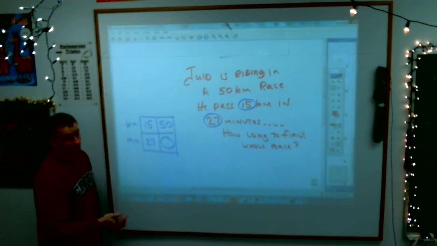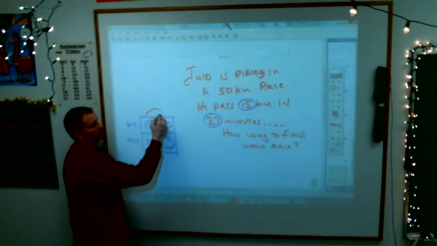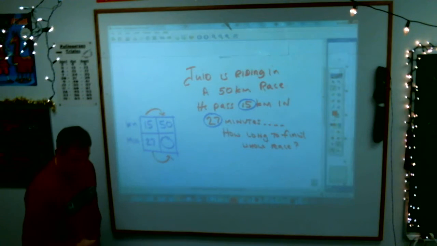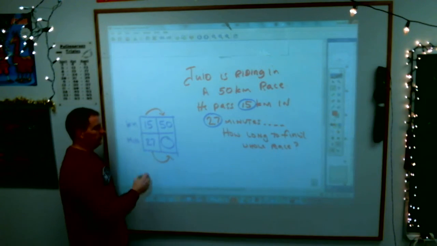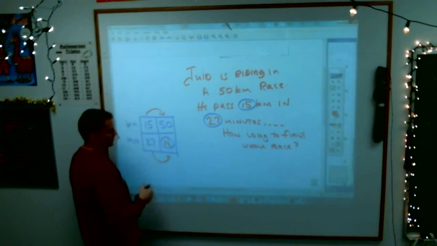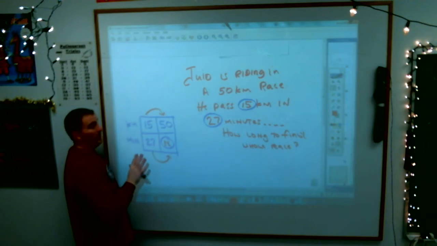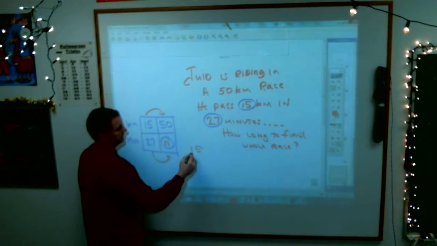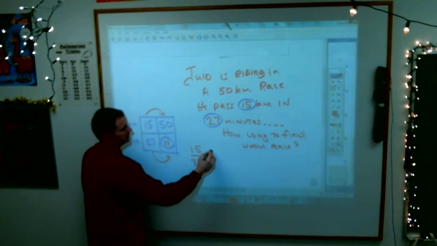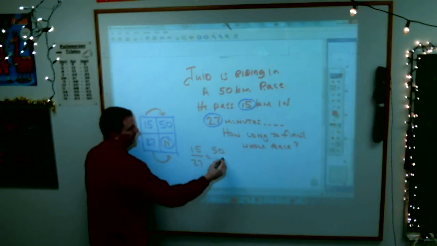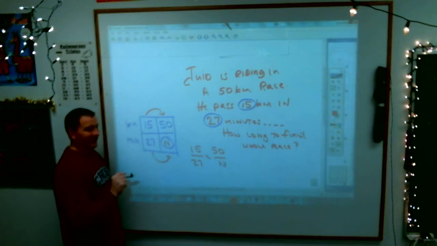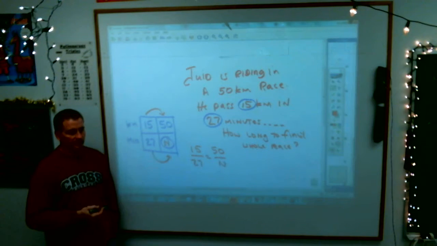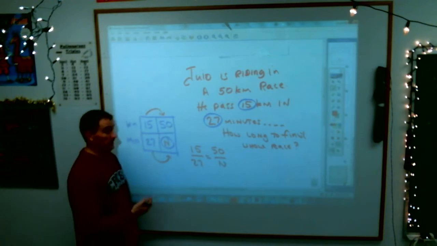It would be great if you could just say, okay, 15 times 3 is 50, so I could multiply this by 3, but you can't. So you're going to have to set it up fraction-wise. Here, 15 over 27 equals 50 over n. Children, anytime you can reduce a fraction, feel free to do that, because it'll make your multiplication easier.